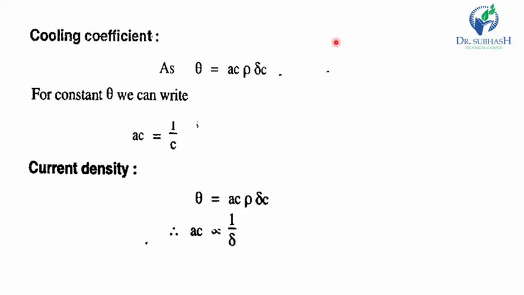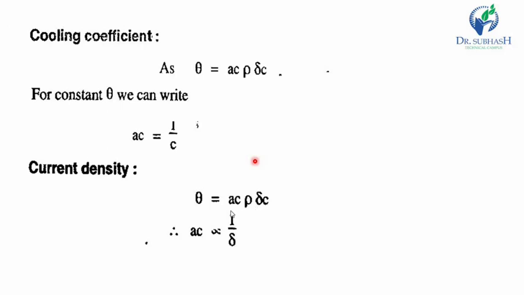Now the next one is current density. Here we see the same equation, theta is equal to AC into rho into delta C. From this equation, suppose we assume that the cooling coefficient and temperature rise are constant, so AC is proportional to delta.